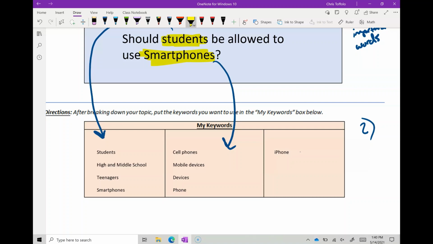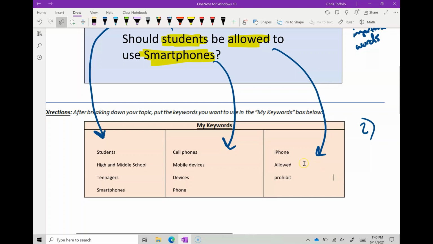And actually, as I'm doing this, I'm thinking allowed might be a good word to do as well. Let me put in here allow, allowed, but also something that has to do with allowed. I'm thinking about adding in here prohibit. That word comes to mind because it's kind of like the opposite of allowing something.